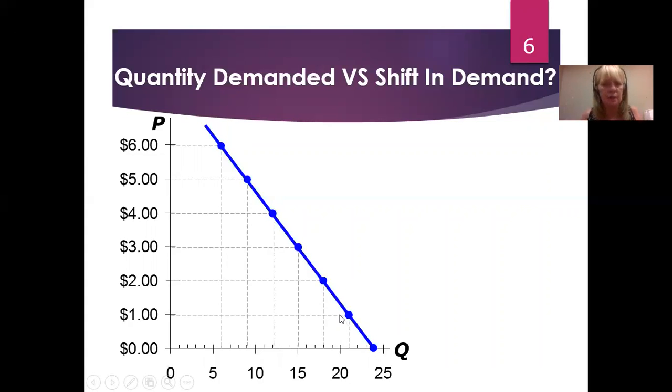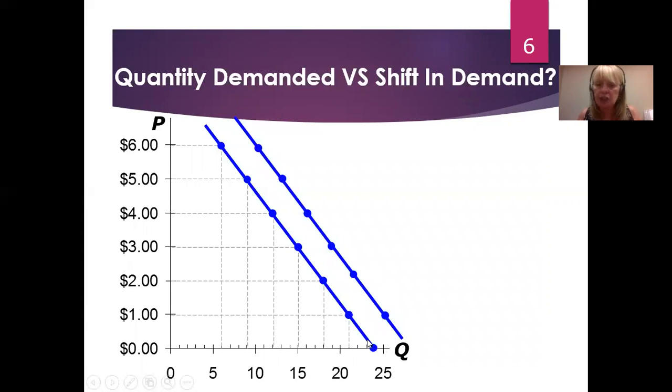But we know that sometimes other things change. Price isn't the only thing that changes. So when something other than price changes, what happens? Well, when something other than price changes, you get a whole new demand curve where quantity demanded at every price point is different than it was before.